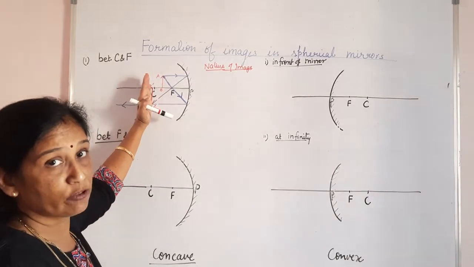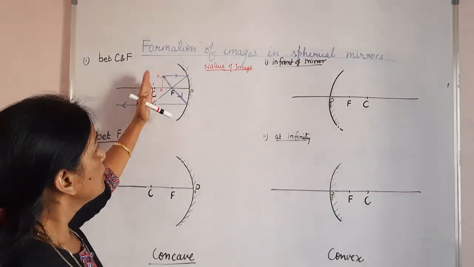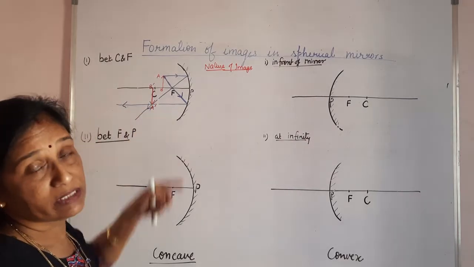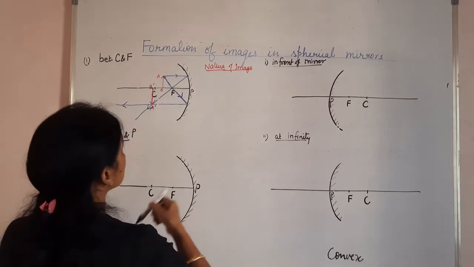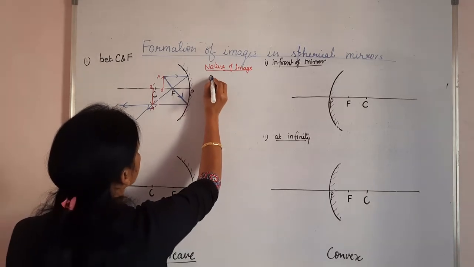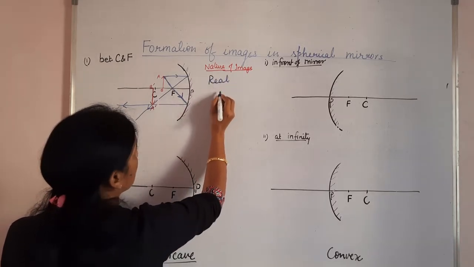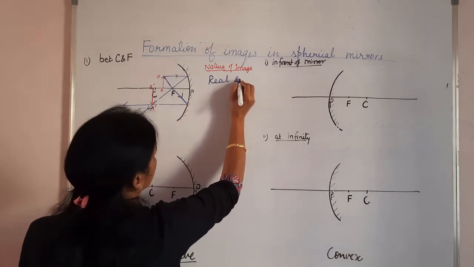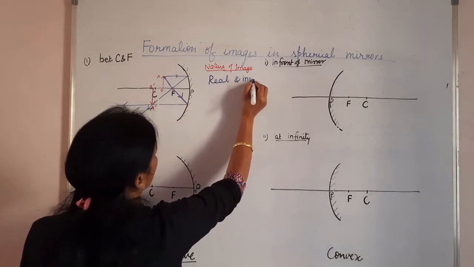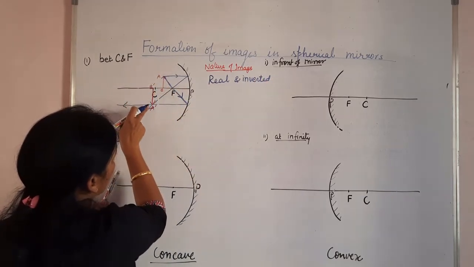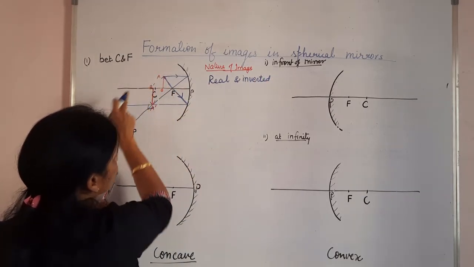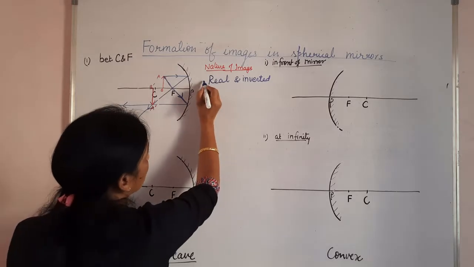I can place a screen in front of the mirror, so it means it is a real one. Real is always inverted. See this, the top here becomes the bottom here and the bottom here becomes the top here. So it is real and inverted.